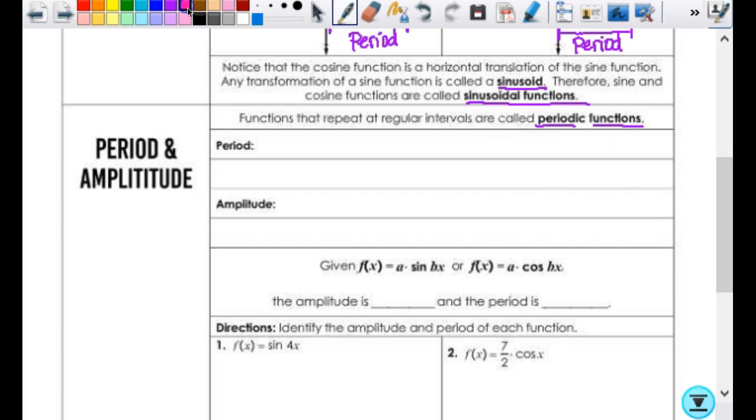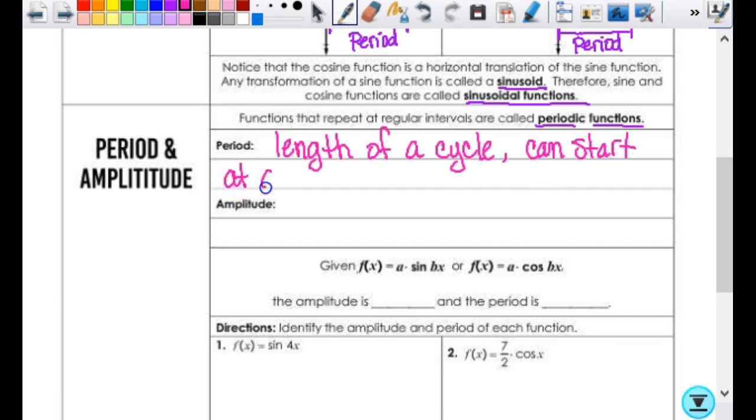Okay, so a period is the length of one cycle and it can start at any point on the graph. The easiest thing for us to do for sine and cosine is to start at 0 so that it makes the most sense.